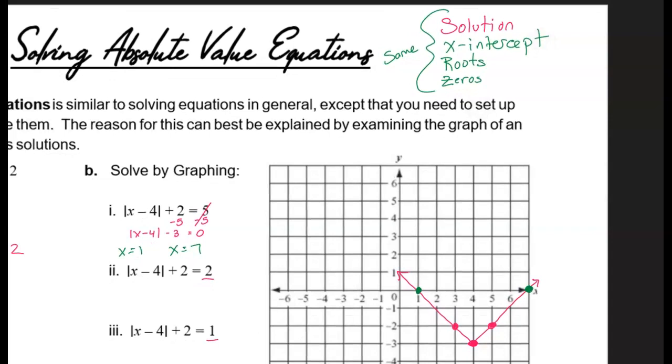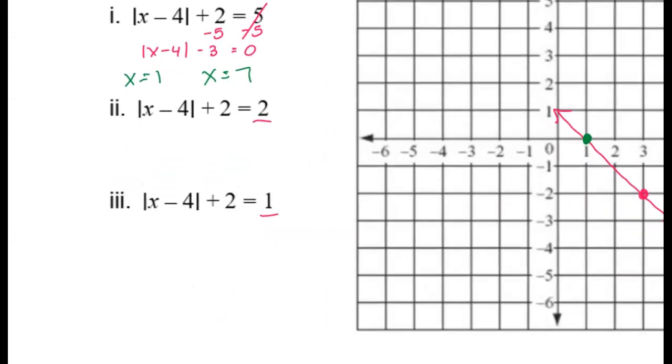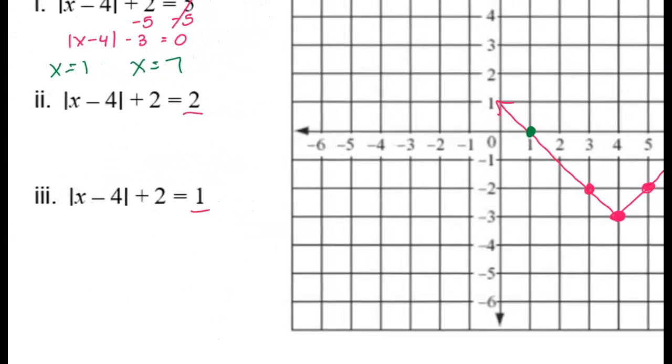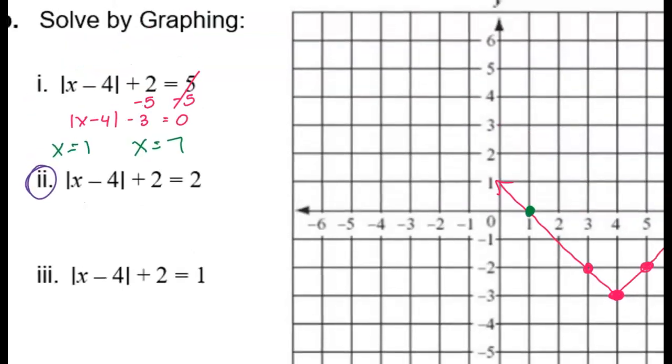So let's try it again. What do we need to do first to number 2 in order to graph it? Oscar, what do you think we need to do first here to number 2 so that we can graph it? What did we do first on number 1?